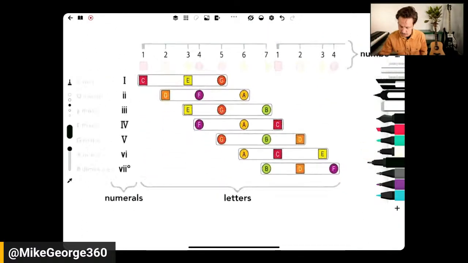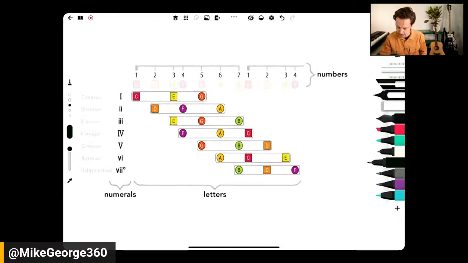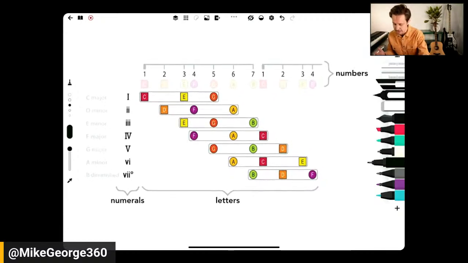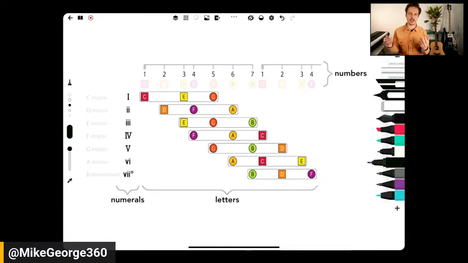Let's look a little more at these symbols. And so, when we step back and just soak it in, because it's so easy to look at a diagram like this and be like, oh, okay, yeah, there's a bunch of symbols. So let's break it down. We have letters, which are used to represent individual pitches.